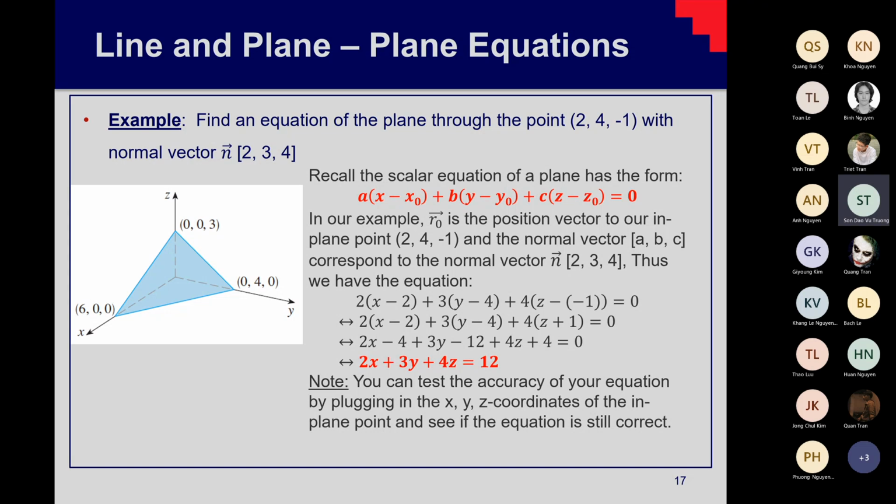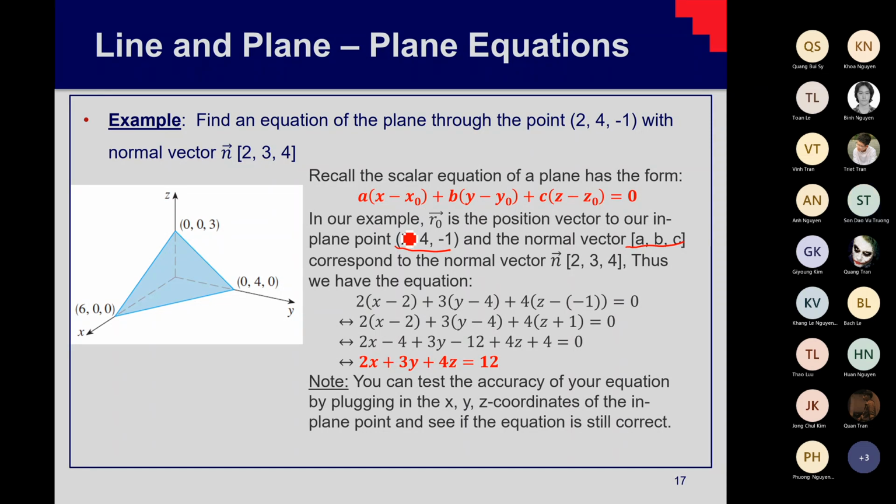We have the vector (2, 4, -1), and the normal vector is (A, B, C), that is (2, 3, 4). So this means x0 is 2, y0 is 4, z0 is -1.